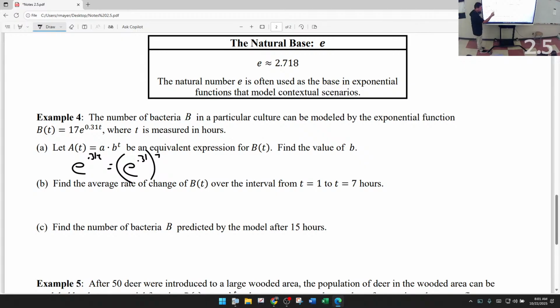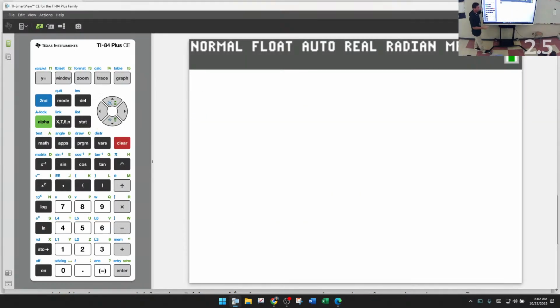Now this says b to the t, it only has b to the t, so I need b, and I've got to do e to the 0.31. Let's make sure you can do that on your calculator correctly. Don't round until the final answer, because if you round before the final answer, it's possible you're going to get a rounding issue.